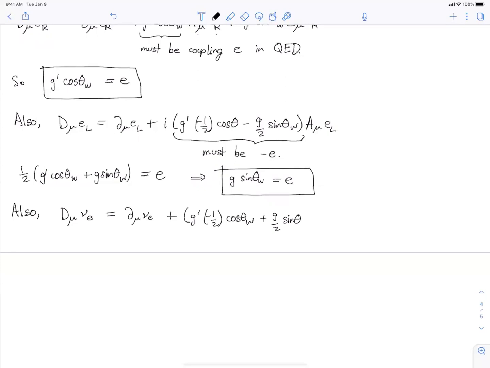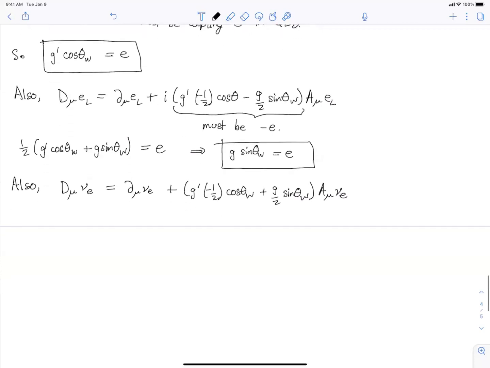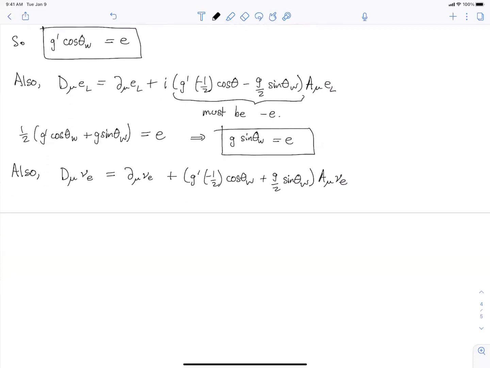We can worry about the Z boson part next time. But now this coefficient, all of this stuff must be zero, because neutrinos don't couple to photons. So this must equal zero exactly. Neutrino has no photon interactions. It doesn't know about the photon at all.